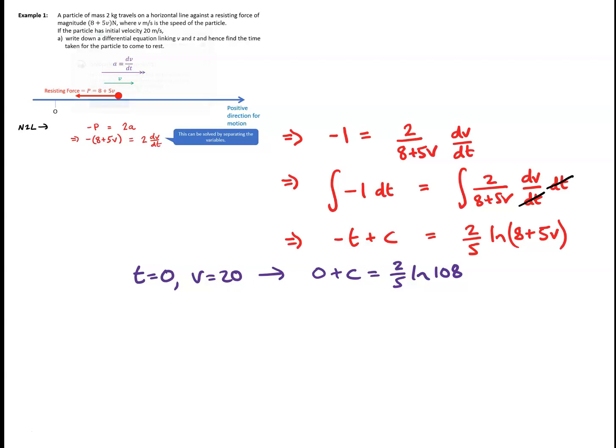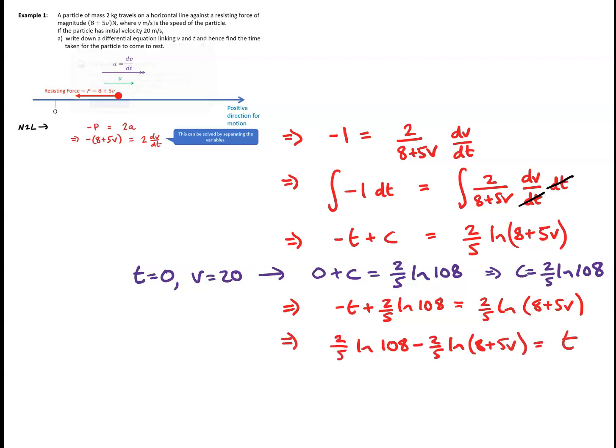So that tells me that 0 plus c must be 2/5 of the logarithm of 108. In other words, c is 2/5 of the logarithm of 108. So we've got minus t plus 2/5 of the logarithm of 108 equals 2/5 of the logarithm of 8 plus 5v.